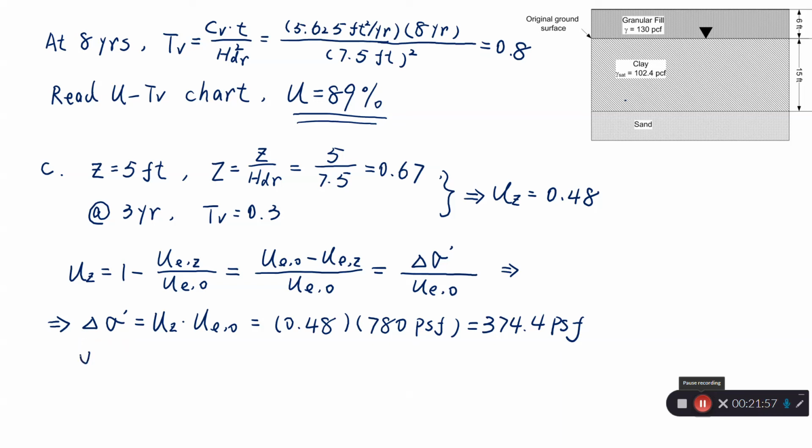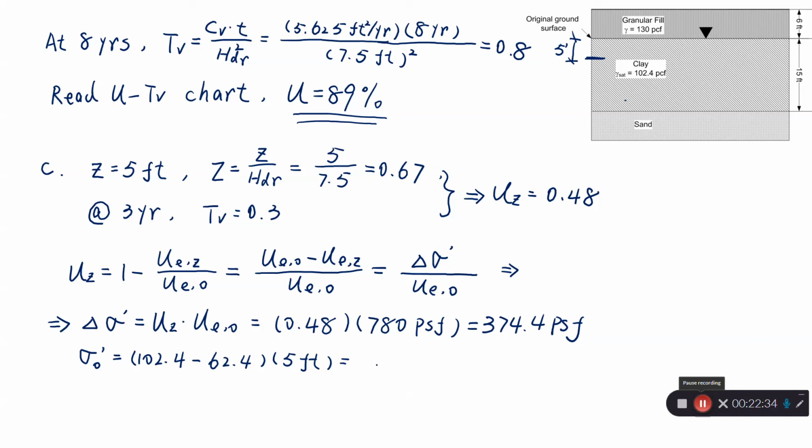Now, the initial effective stress at the mid depth, at the depth of 5 feet, right here. So that's the effective stress right before the fill was placed. So it's equal to 102.4 minus 62.4 times 5 feet. Right.